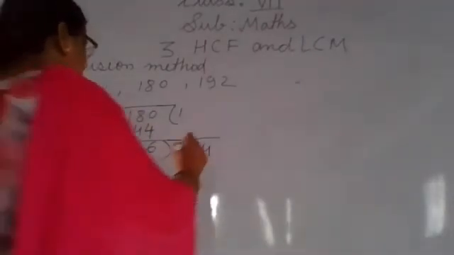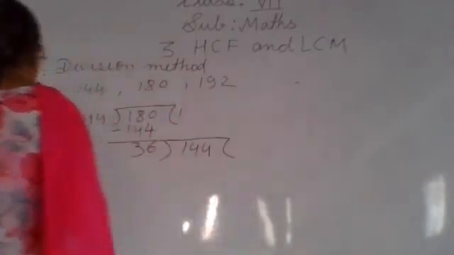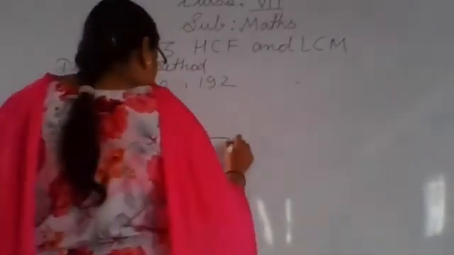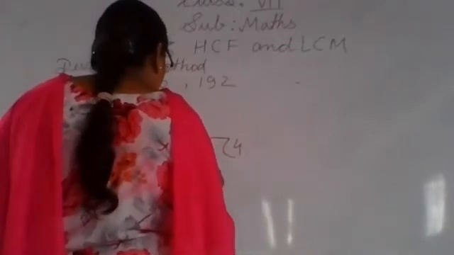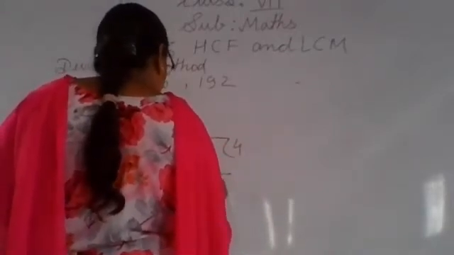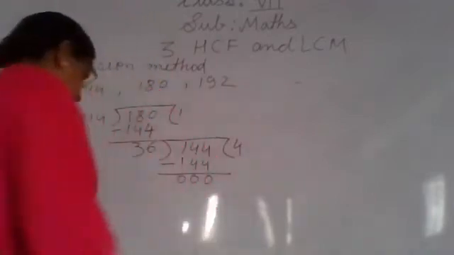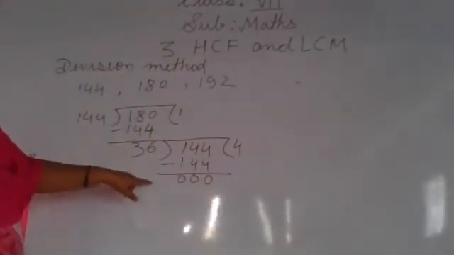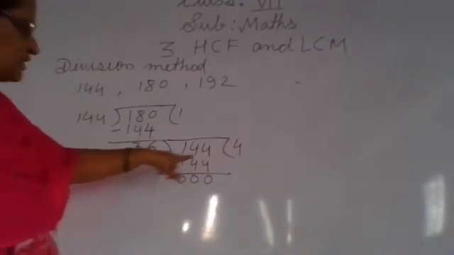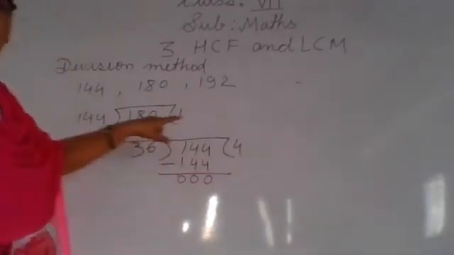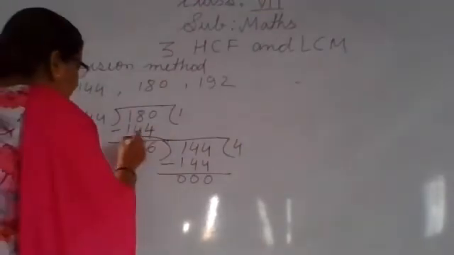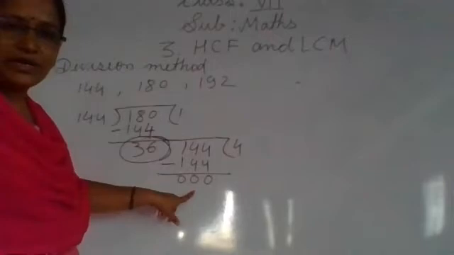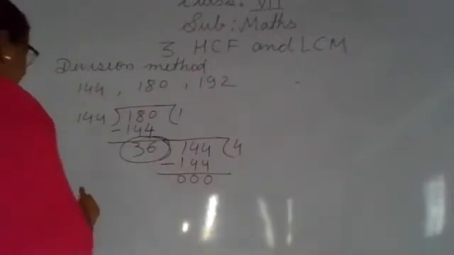Now 36. See, 36 4s are 144. See beta, our remainder is 0. So what is our HCF? Our HCF is not this portion. Our HCF is the divisor, the divisor by which we get the remainder 0.